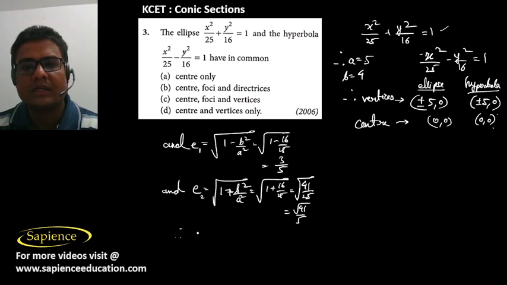So therefore a into e, for the foci, is not the same. A into e1 for the ellipse is equal to 3, and for the hyperbola a into e2 is equal to root over 41, so they are not the same.